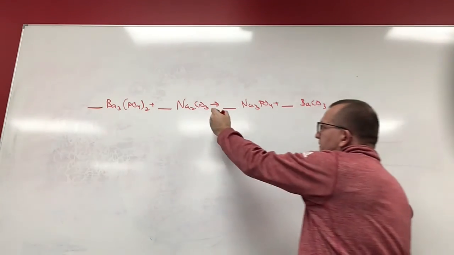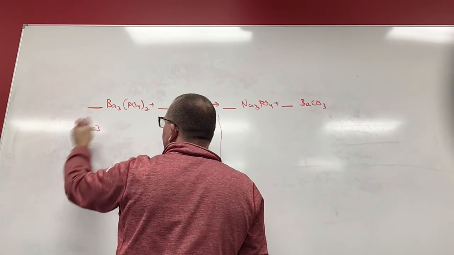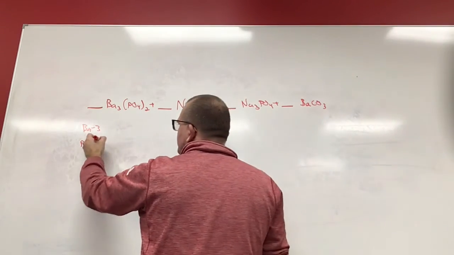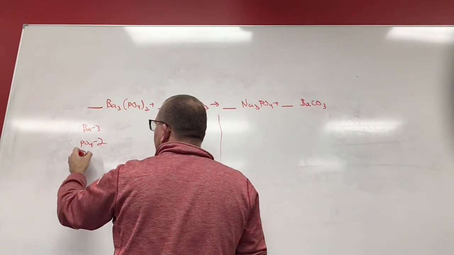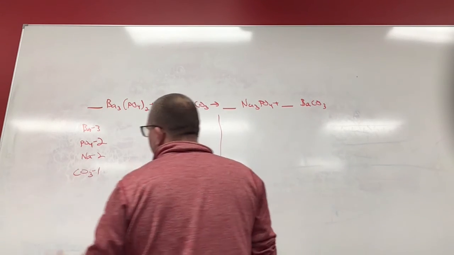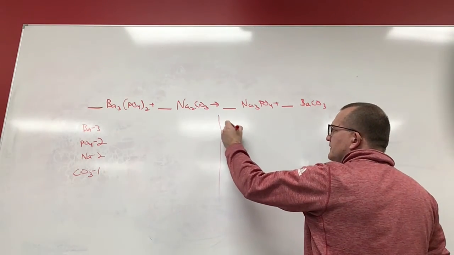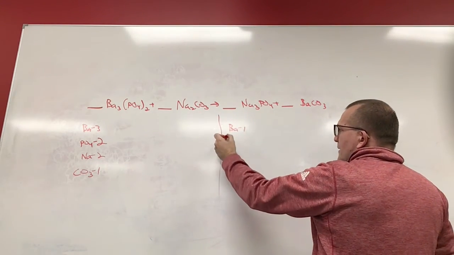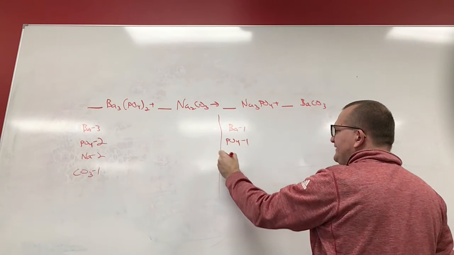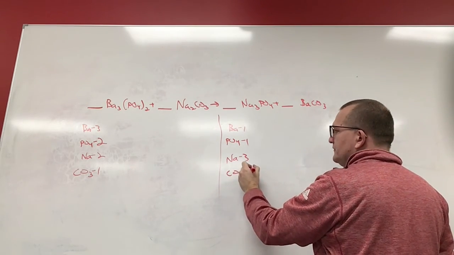All right, so let's add them up. Ba is 3, PO4 is here, in here, so I can keep it together. That's 2. Na, 2, CO3, 1. On this side, Ba is 1, PO4 is 1, and Na is 3, CO3 is 1.